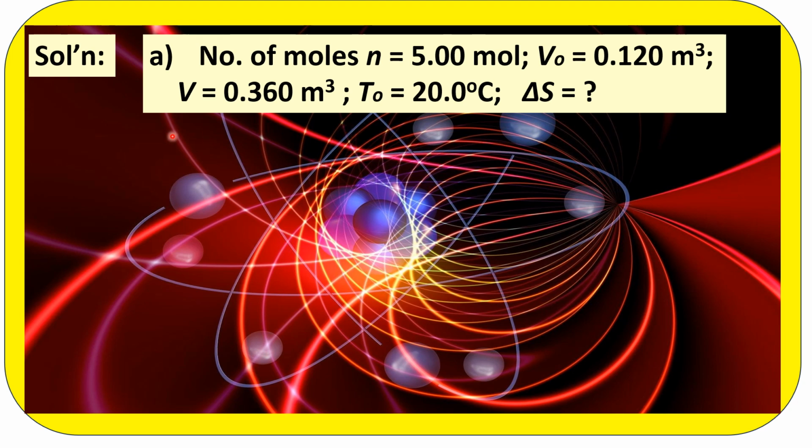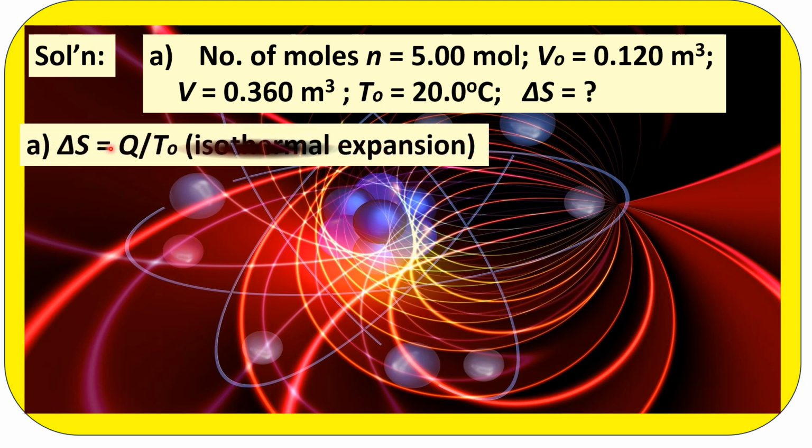So this is an example of an isothermal process where the system or the helium gas expands at a constant temperature. So if the temperature is held constant, we also say that the expansion of the gas is an isothermal expansion.